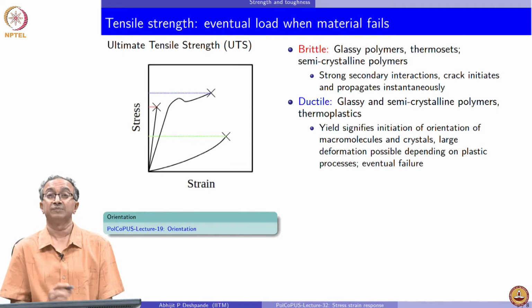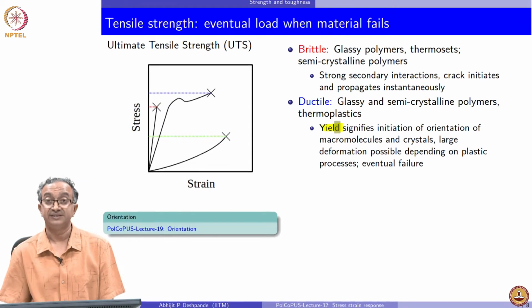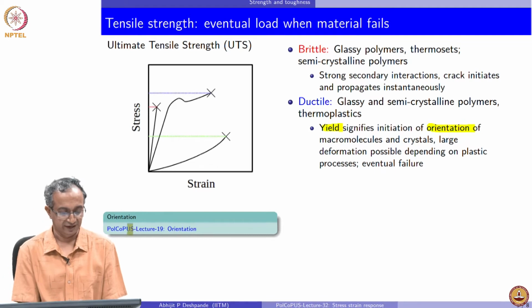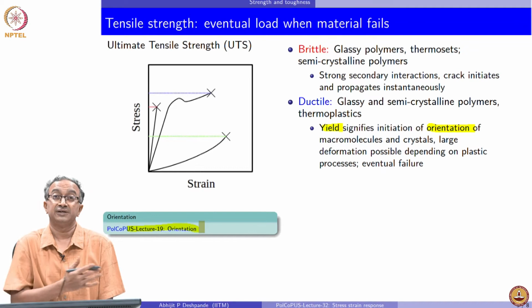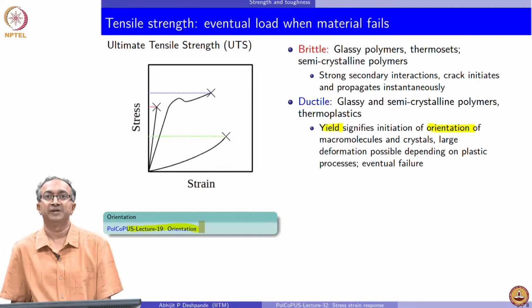In case of ductile materials, yield actually signifies that there is orientation, and again in an earlier lecture we have taken a close look at orientation of different entities in polymeric materials.